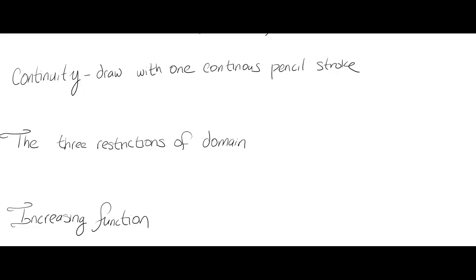Alright, let's talk about the 3 restrictions of domain. So there are 3 restrictions of domain. They are broken down into 2 different groups or subsets, and that is removable and non-removable.